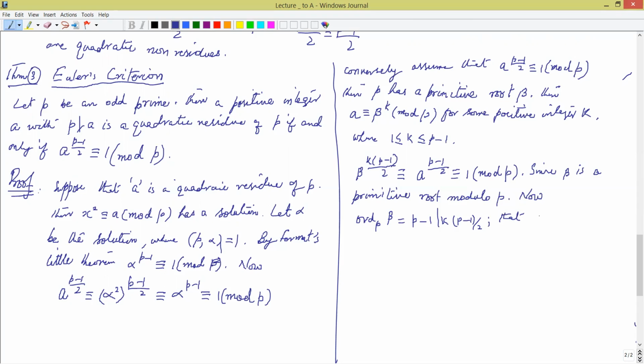That is, k must be an even integer, say k equals 2i.